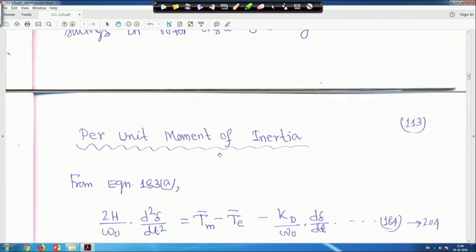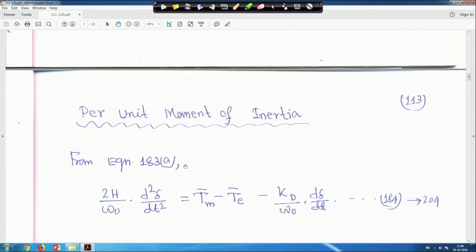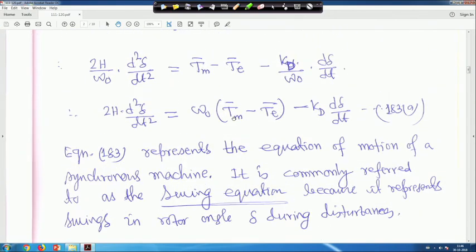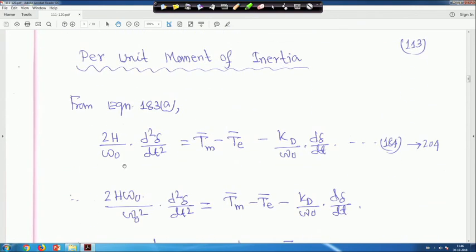Next is per unit moment of inertia. From equation 183a we have 2H upon omega 0 d square delta dt square equal to T m bar minus T bar minus k d upon omega 0 into d delta upon dt. This is equation 184.